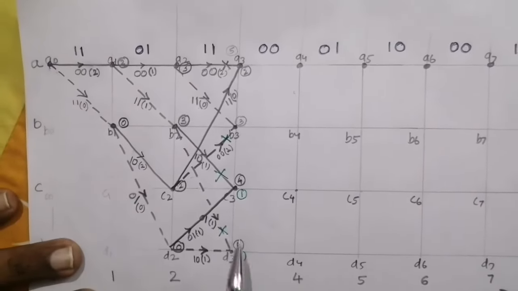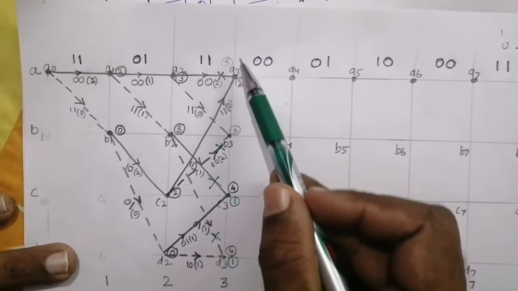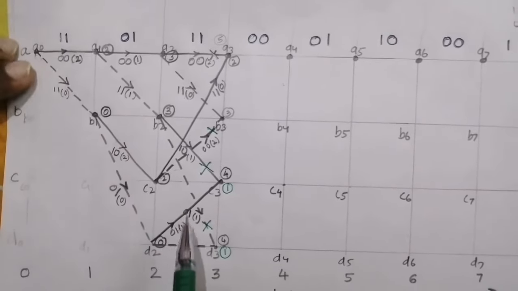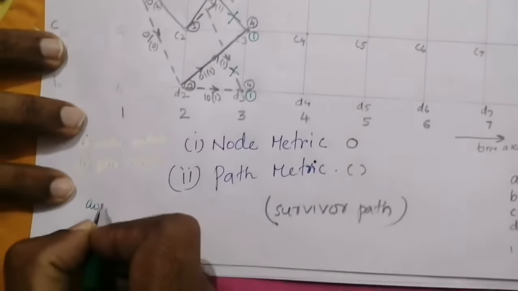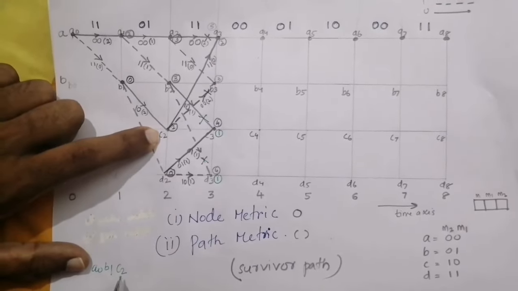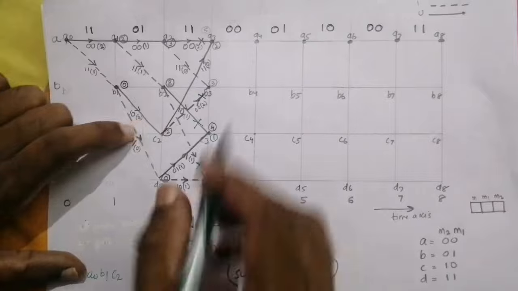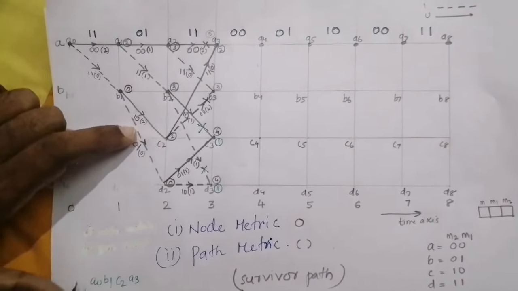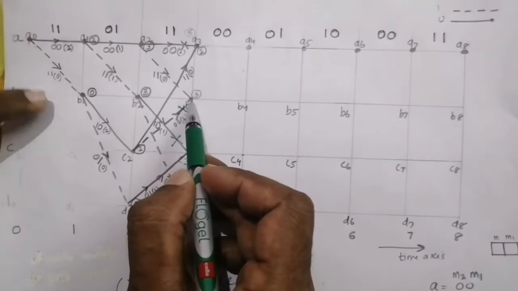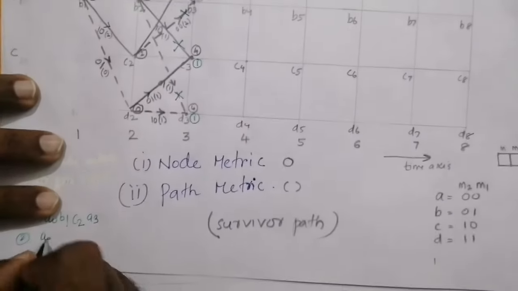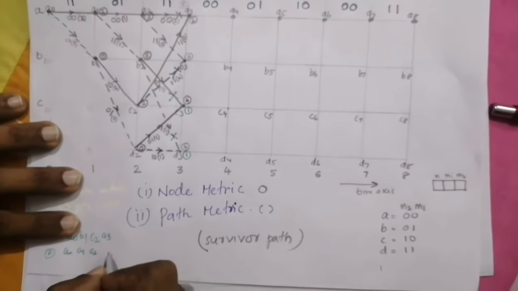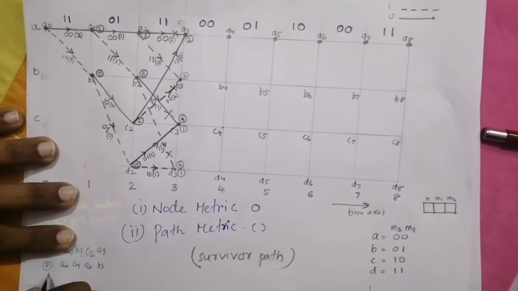So we have the survivor paths at the third stage. We'll say like this: survivor paths are A0, B1, C2, A3. This is one path. The second path is A0, A1, A2, B3.